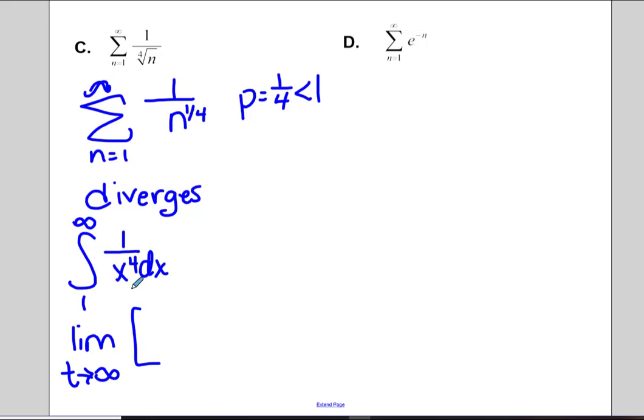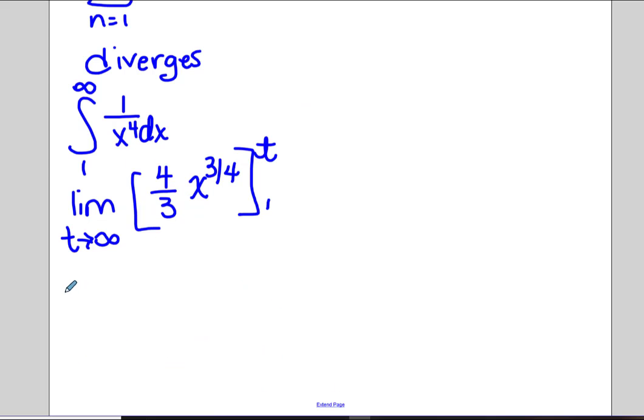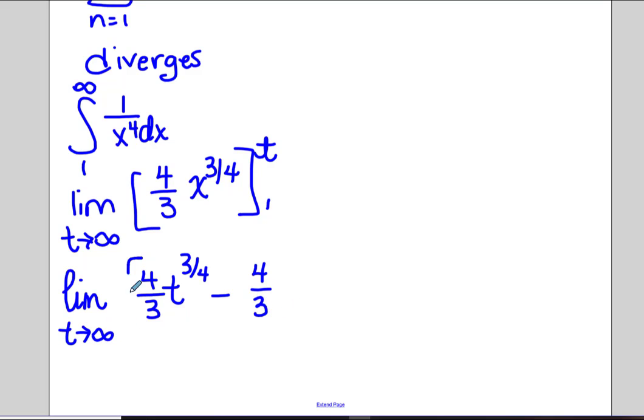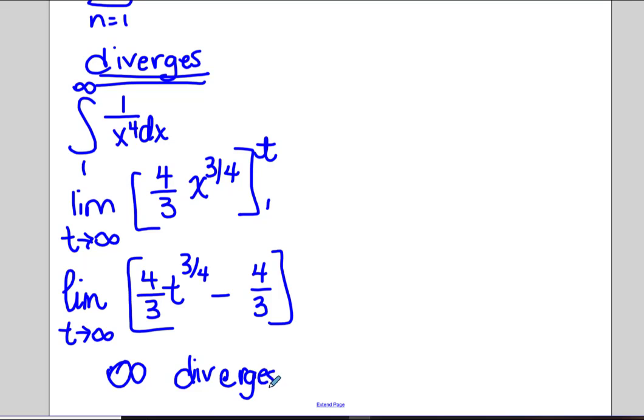The antiderivative is x to the 3/4 power times 4/3 evaluated from 1 to t. So the limit as t approaches infinity of 4/3 t to the 3/4 power minus 4/3 would be infinity, and again, we've shown that the series diverges because it is unbounded. The series diverges.